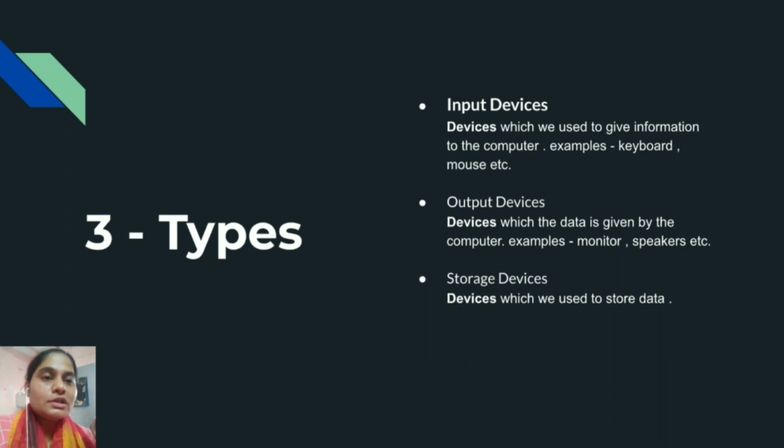Number 2, output devices: devices by which the data is given by the computer, examples monitors, speakers, etc. And number 3 is storage devices. Storage devices are used to store the data. So these are three types of peripheral devices.